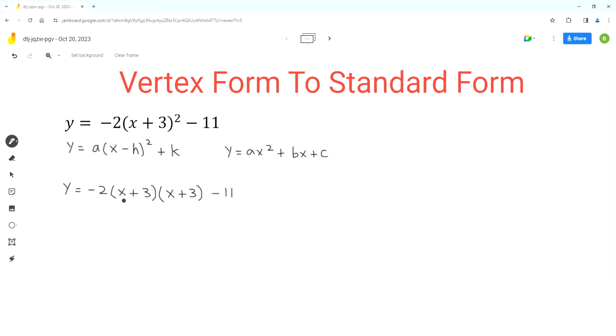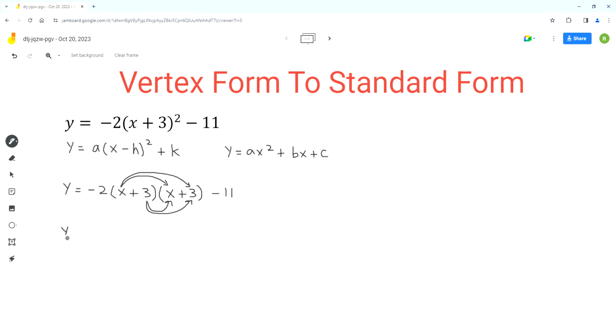We have to distribute the terms in the parentheses, so we have to use FOIL. So we multiply x by the x, then by 3, and then we multiply the 3 in the first parentheses with x in the second parentheses, and then with the 3 in the other parentheses.